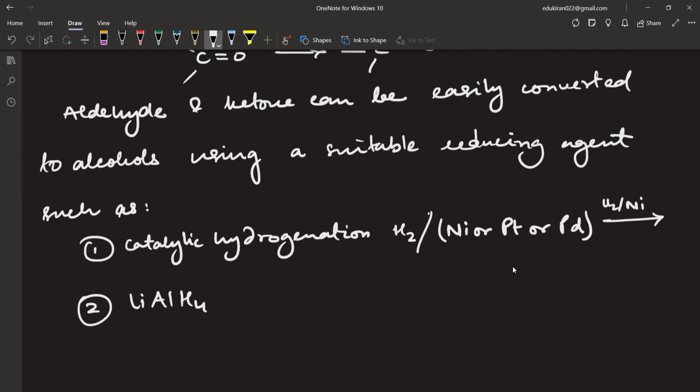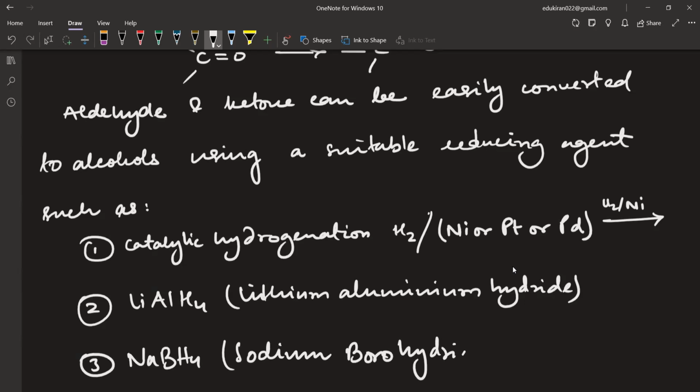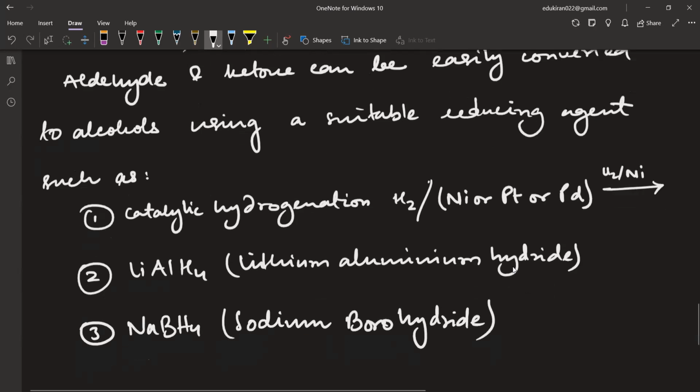Second one is LiAlH4, known as lithium aluminium hydride. Third is NaBH4, sodium borohydride.